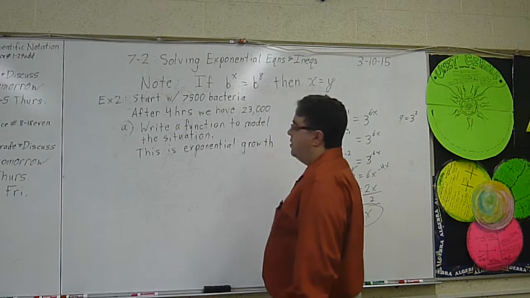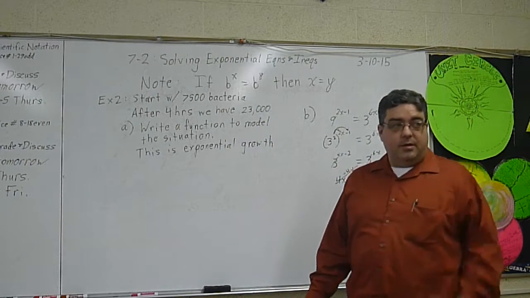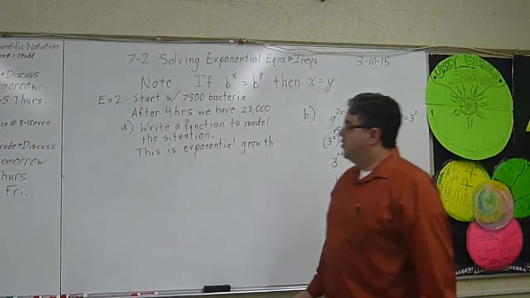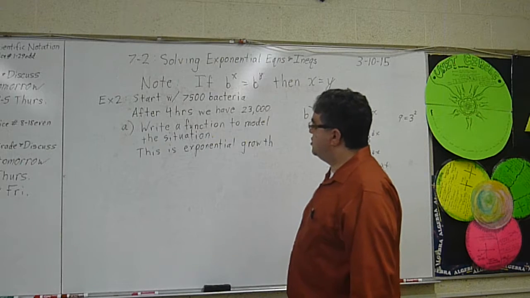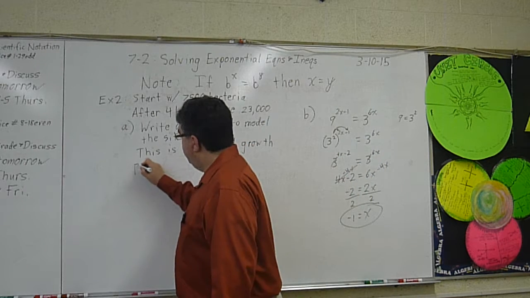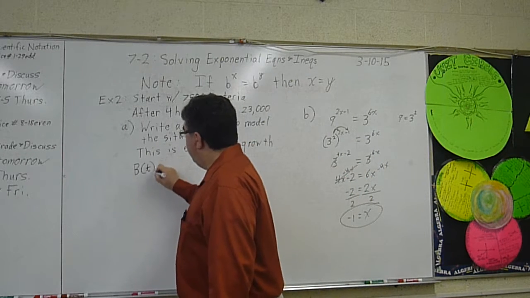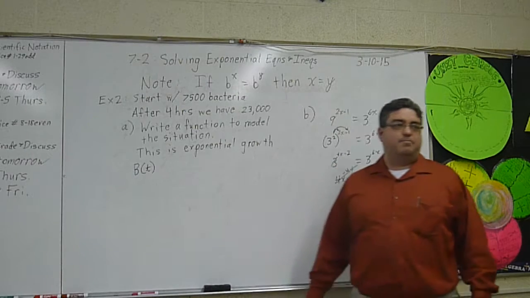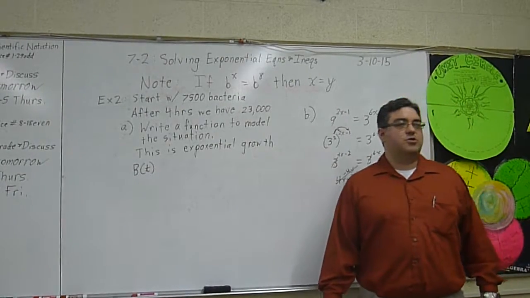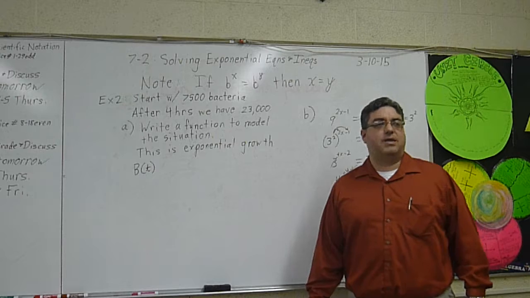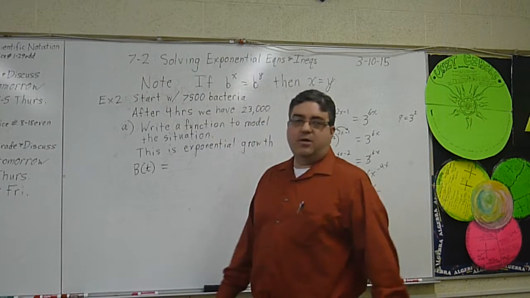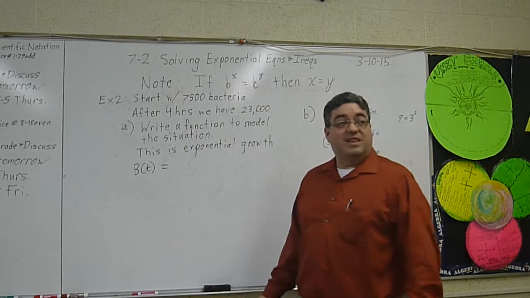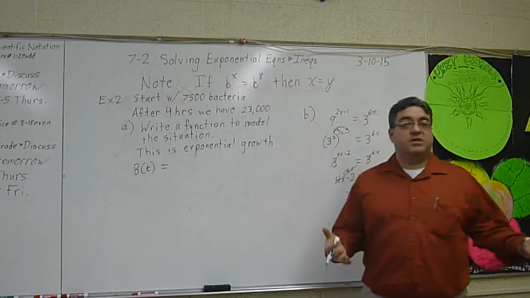And the way you do these, let's name the function carefully. B of T, bacteria after a certain amount of time in hours. B of T is equal to the initial amount. We always start with the initial amount.